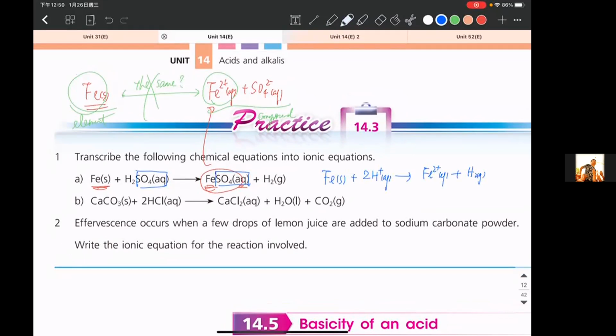Do you understand? Remember, this 2 means the mole ratio. Indeed, it is hydrogen ion and sulfate ion in 2:1 ratio. So you are going to show it as 2H+ instead of H2 2+. It's not correct.